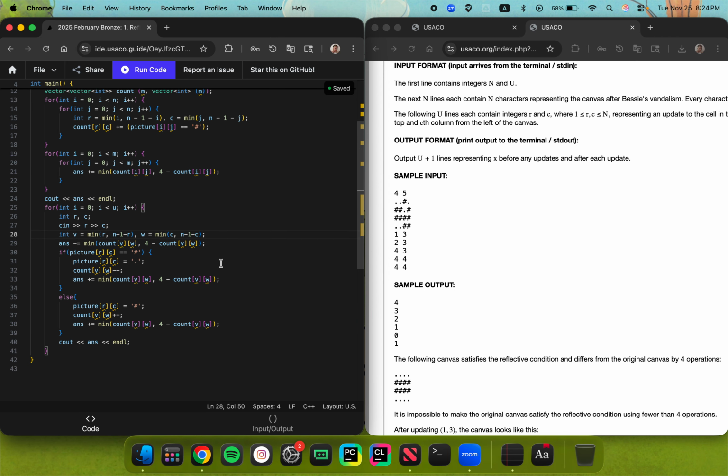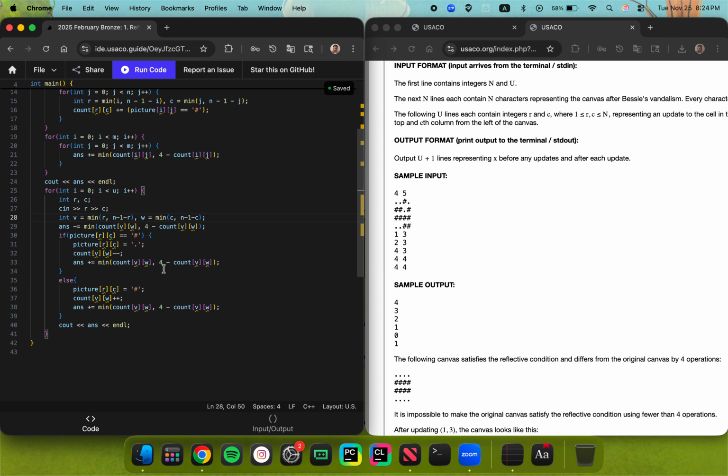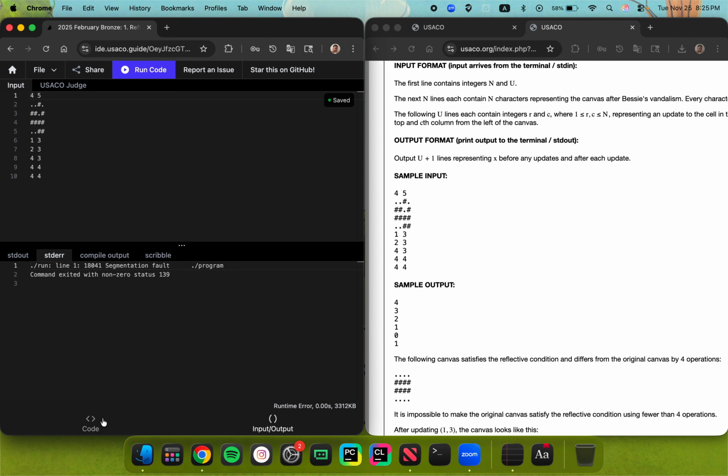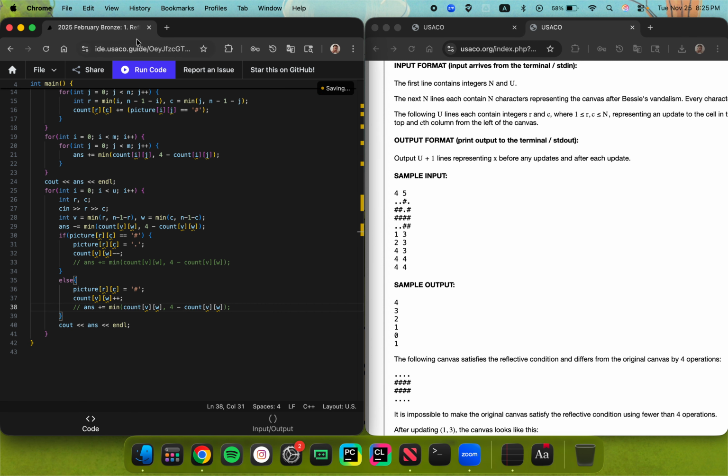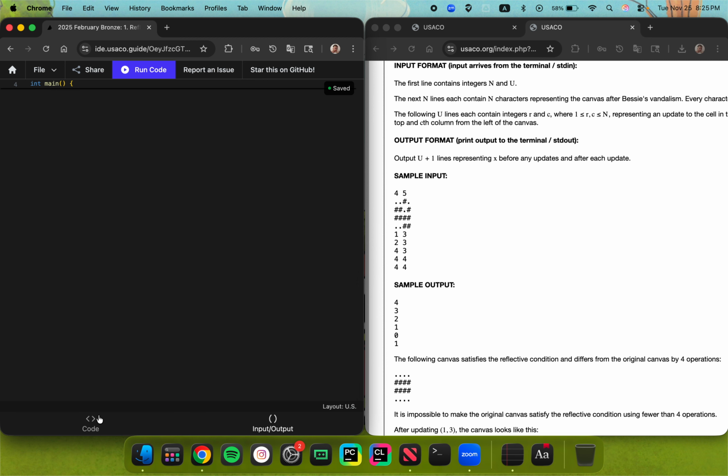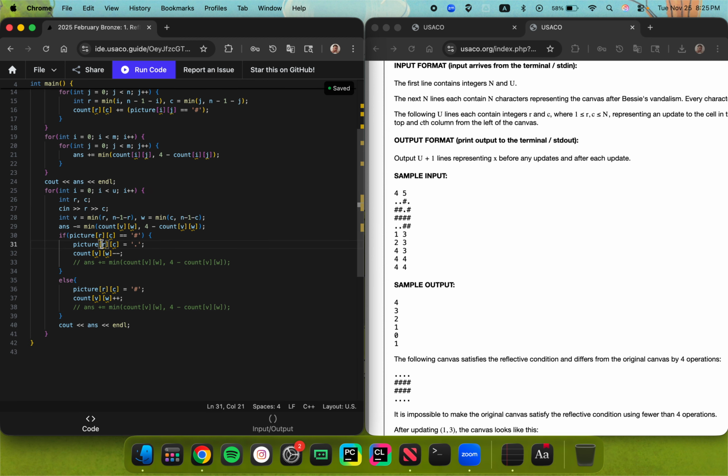n minus 1 minus c. Count V W subtracts, count V W, 4 minus count V W. Maybe it's this one. Is it just a V W?